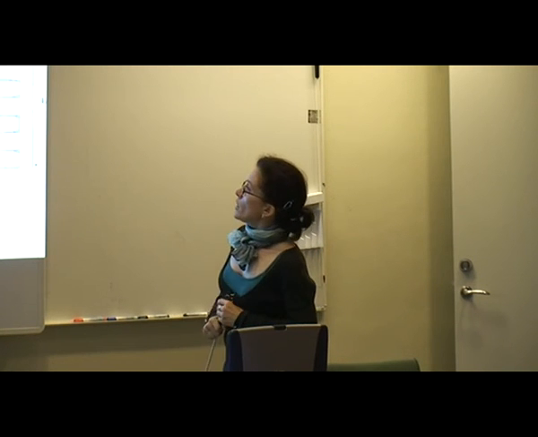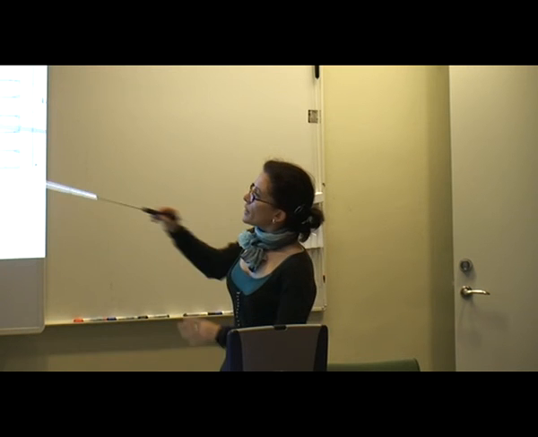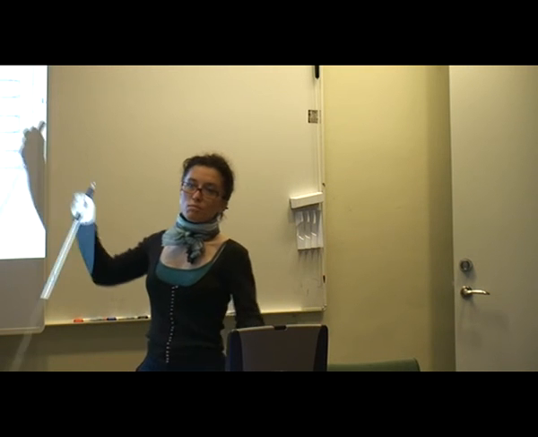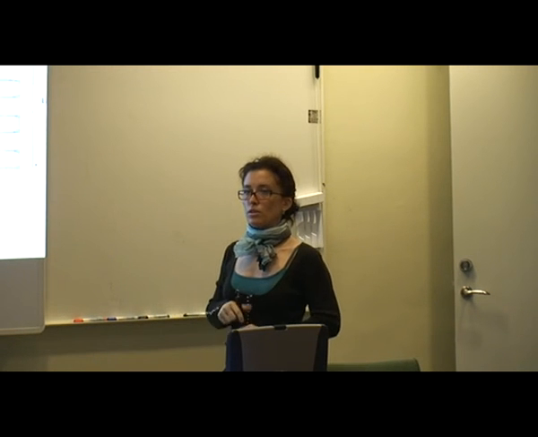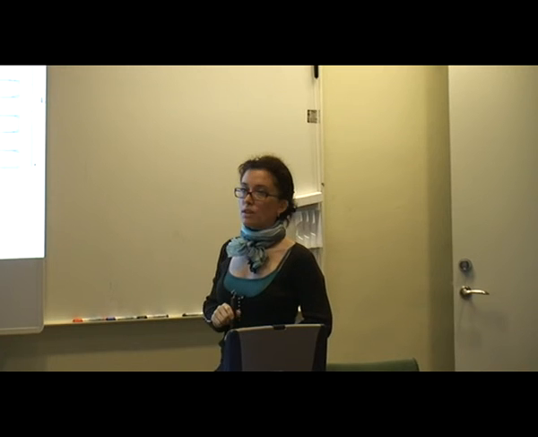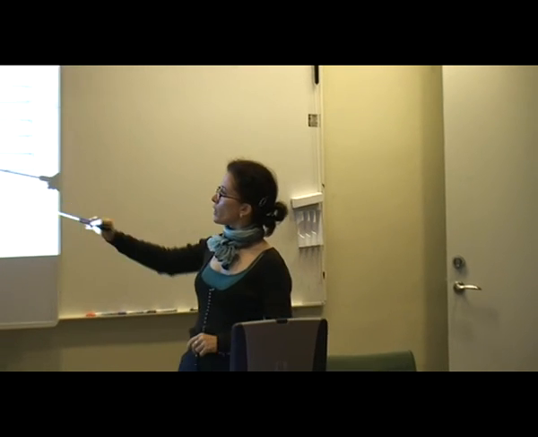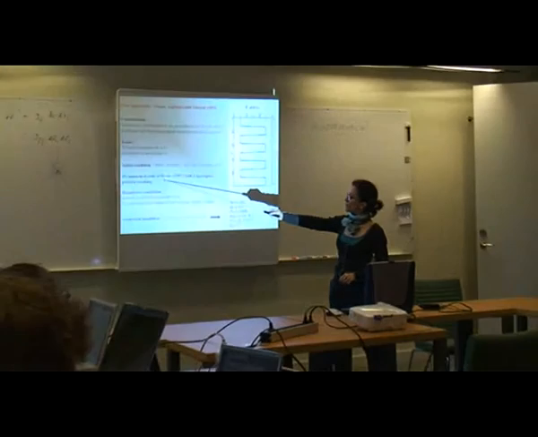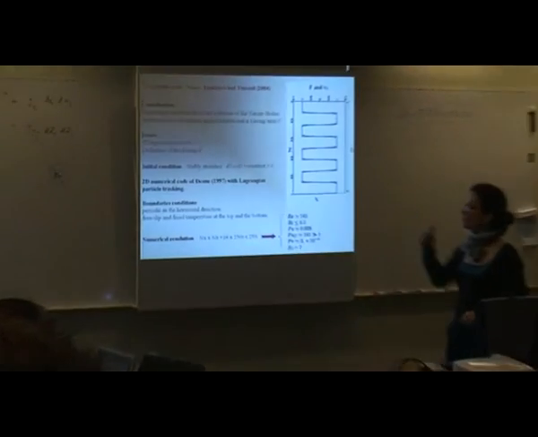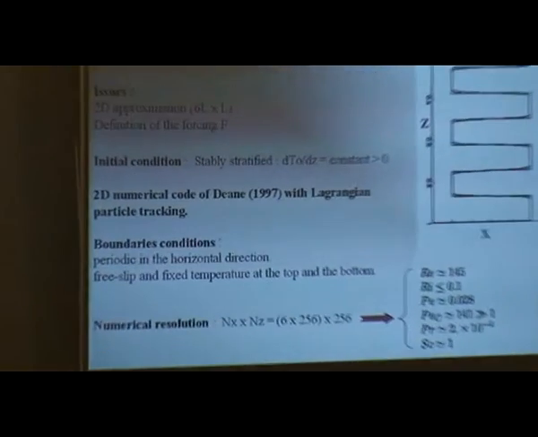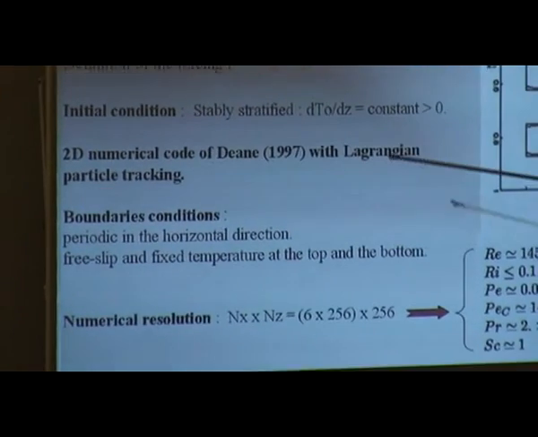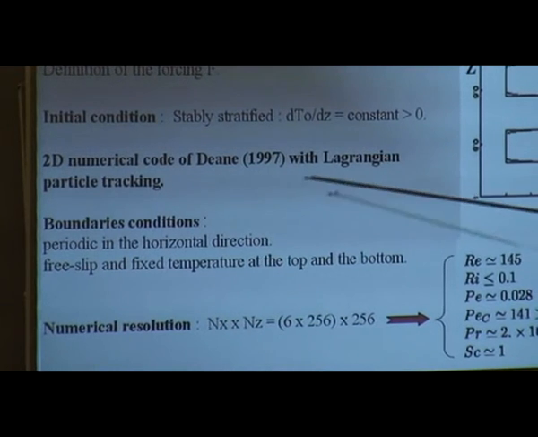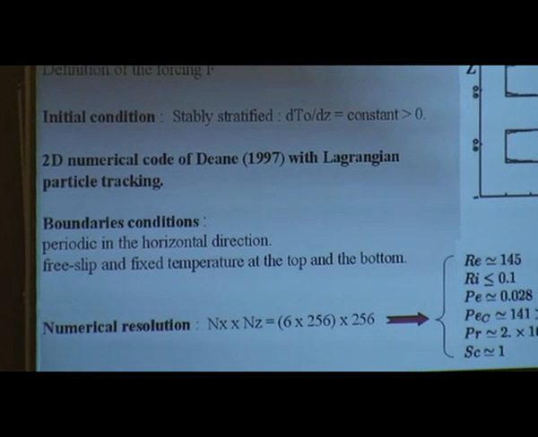I did my simulation in 2D with the same code as Alain Vincent, a code coming from the Goddard Space Flight Center. I added Lagrangian particle tracking, using Hermite polynomial interpolation.